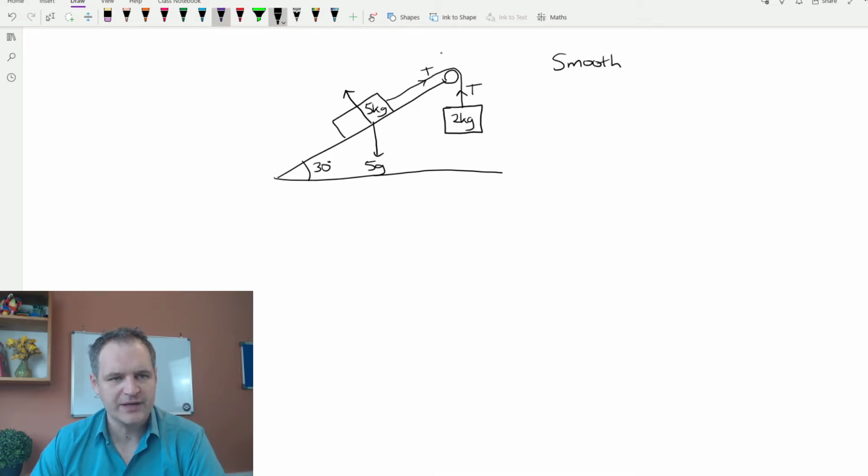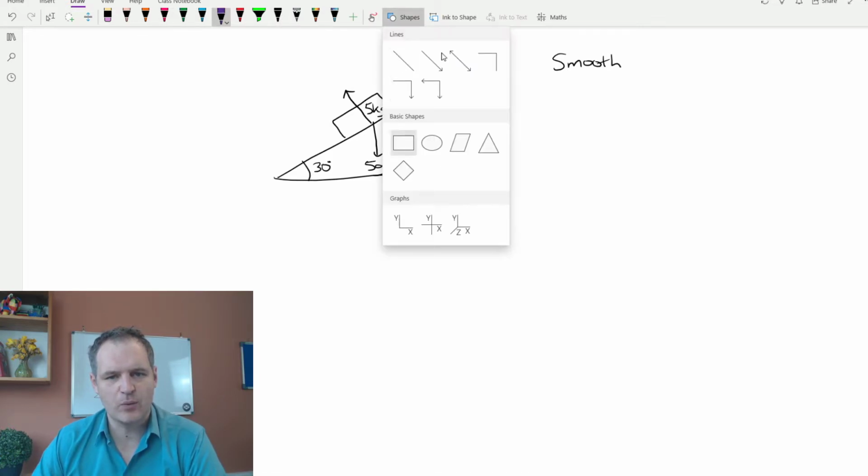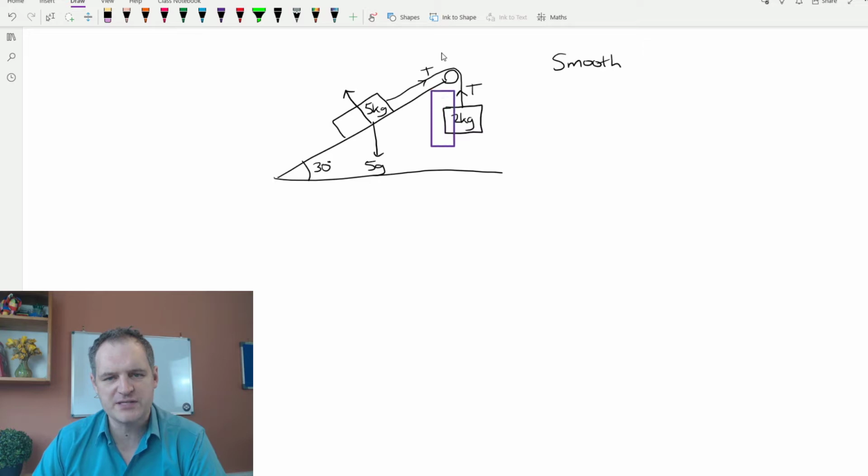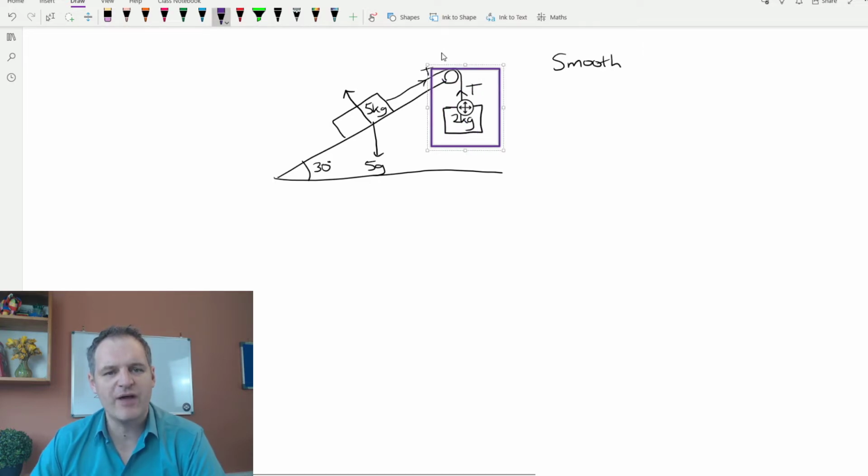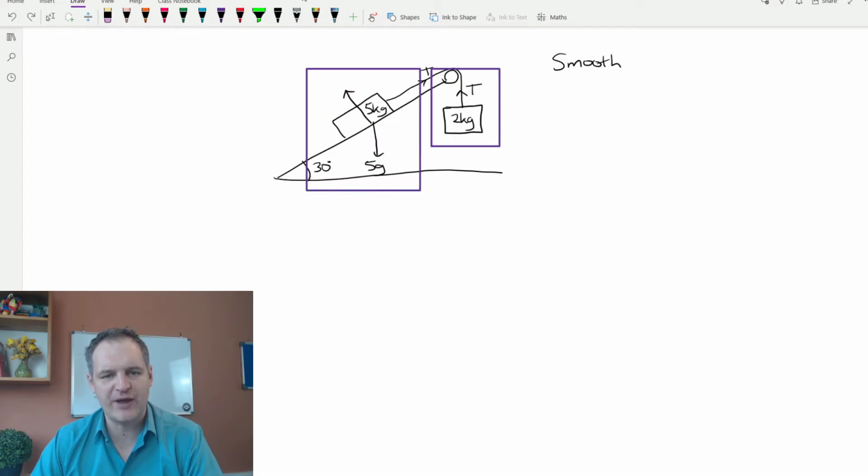What I do is I consider this to be, let's focus on this section first, and then later focus on this section here. So imagine it almost as two separate sections. So my first calculations are all going to be based on this first system, then we're going to look at this system after that.